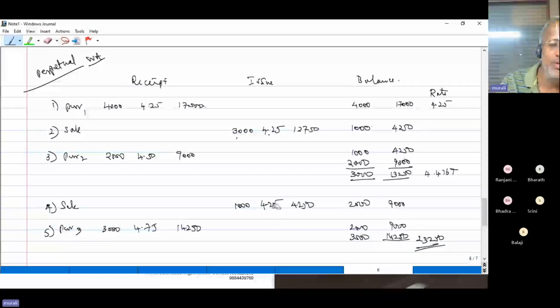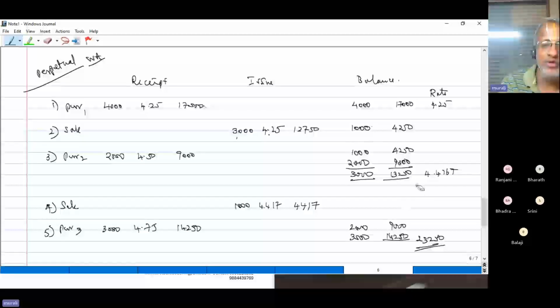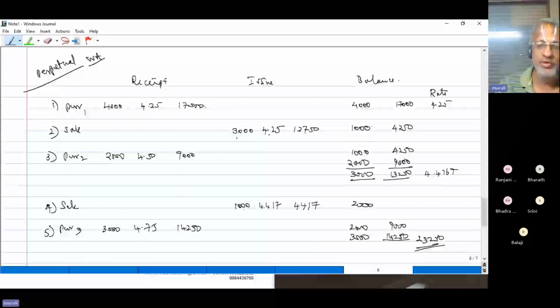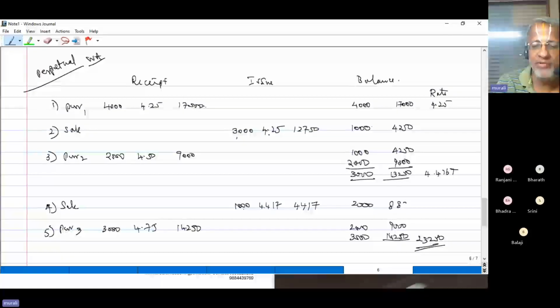Now for this issue, 4.417 I will make it. So this becomes 4,417. What happens to my quantity is it is going to be 2,000, from 3,000 with 1,000 gone, and 13,250 minus 4,417 comes to 8,833.